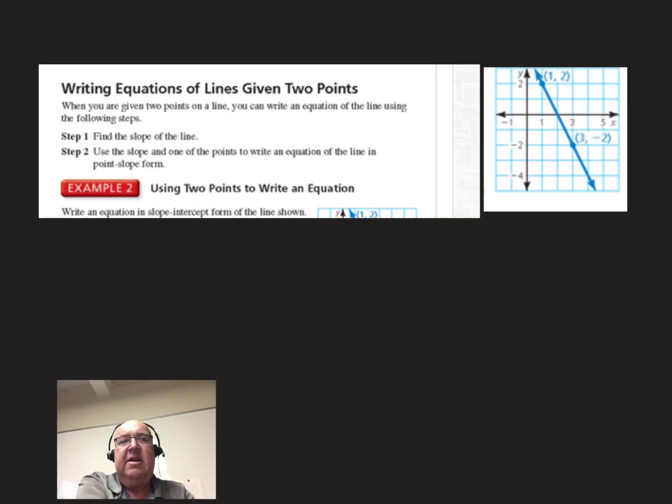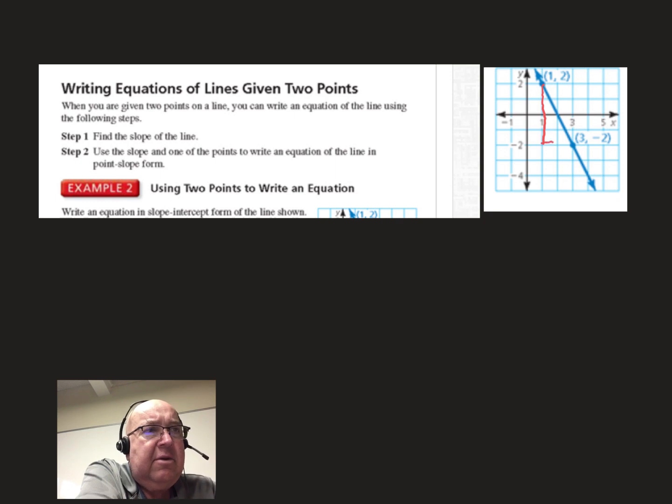Okay, so here we're given 2 points on the graph. It's asking us to find the slope of the line and then use that slope and one of the points to write the equation in point-slope form. So I'm going to use the graph itself to find the slope.